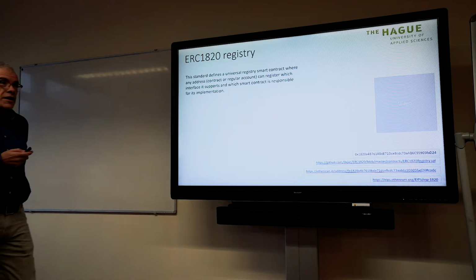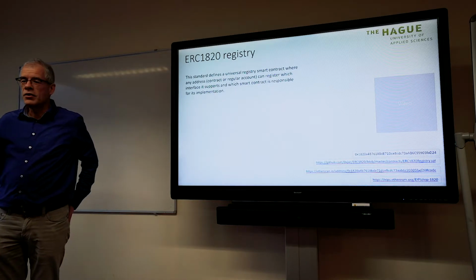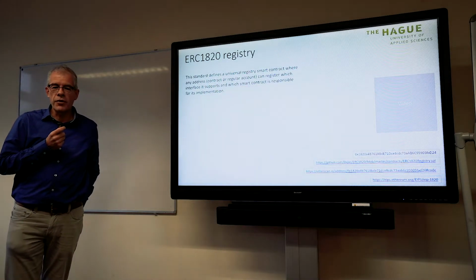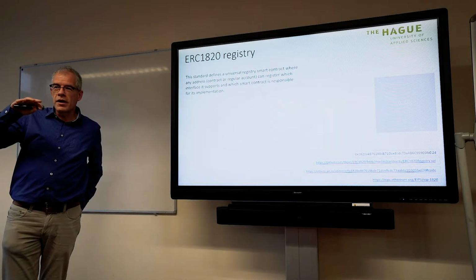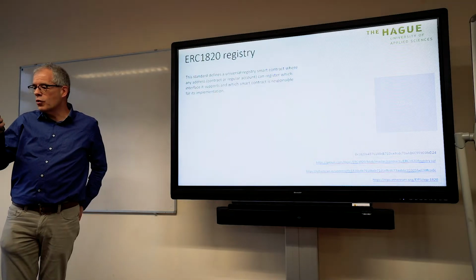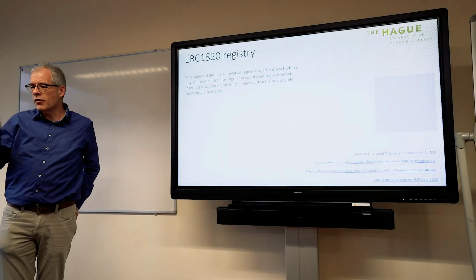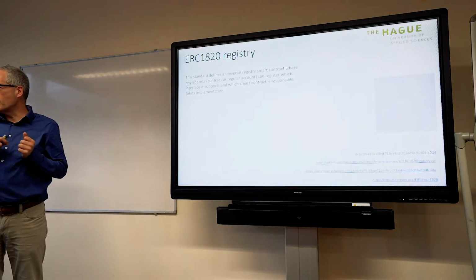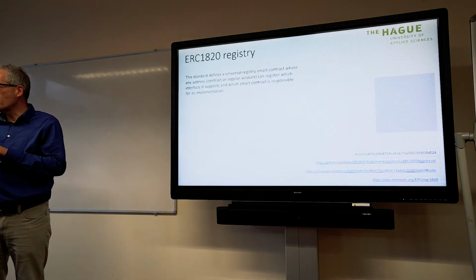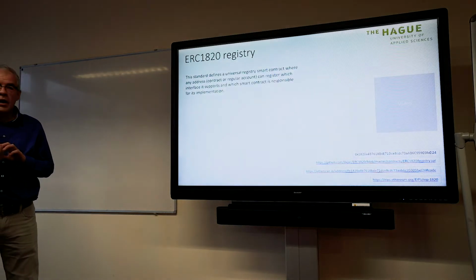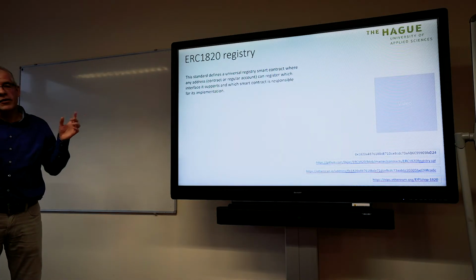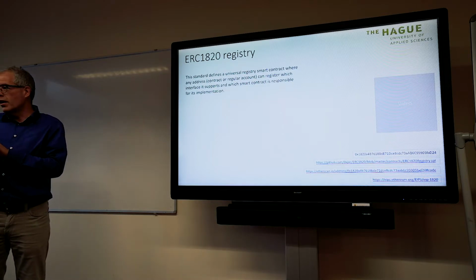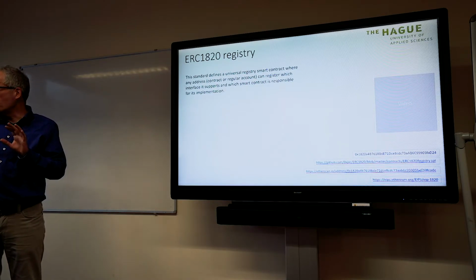Now, for the ERC777, they have used yet another trick, because they thought, well, if you can do a safe transfer to a smart contract, why can't we do something similar when we want to transfer it to a normal address? Because the nice thing is, if you call a function where you transfer tokens, you can do some additional magic.